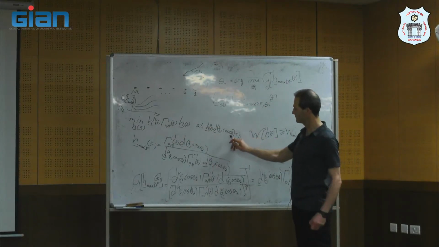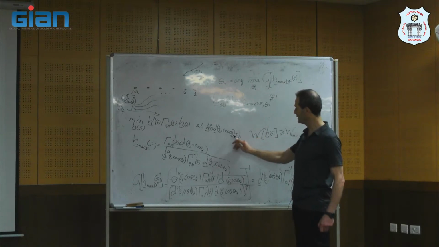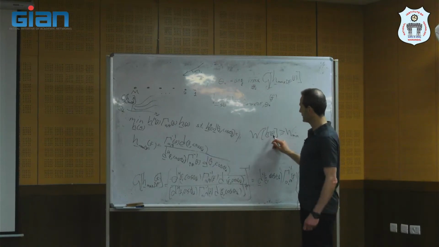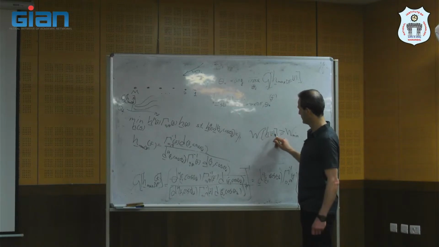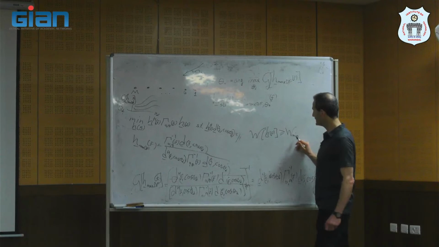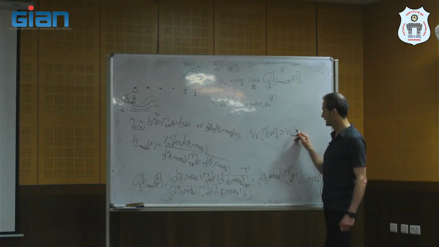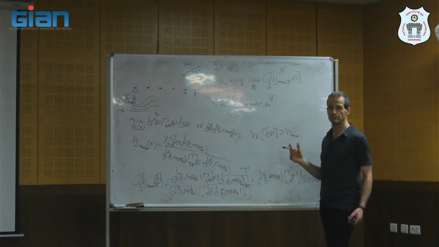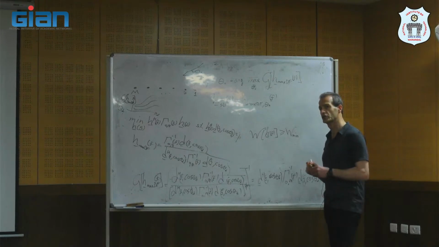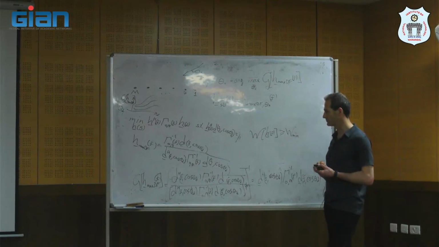So a signal that comes from theta d will not be distorted, and the white noise gain for any frequency f will be at least as large as W minimum. Very simple. So we change the optimization problem.